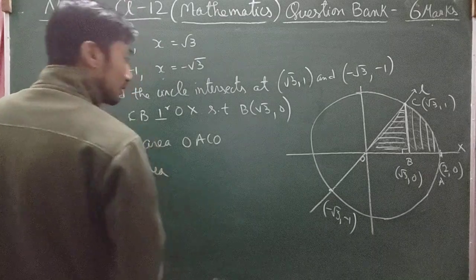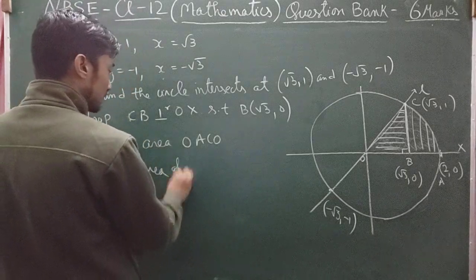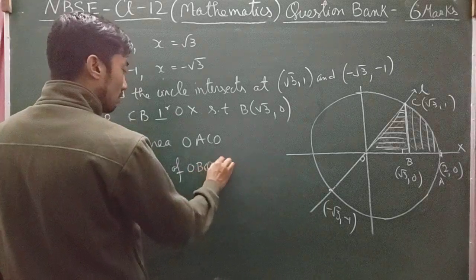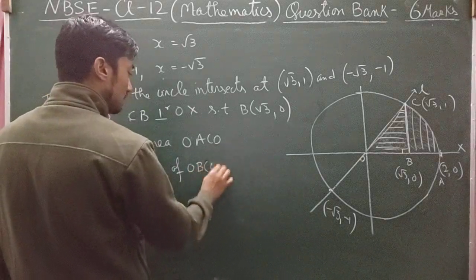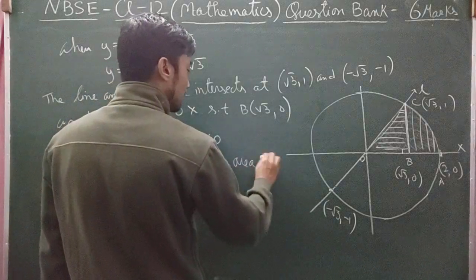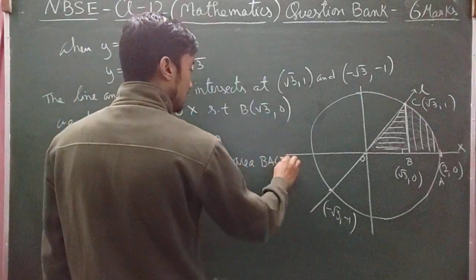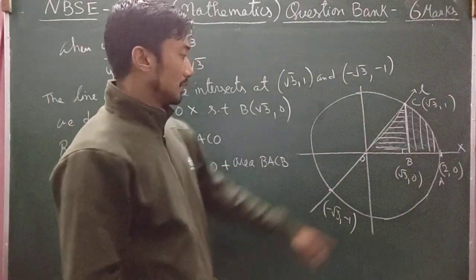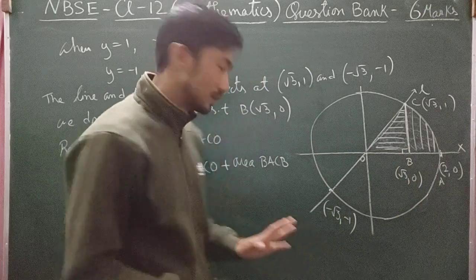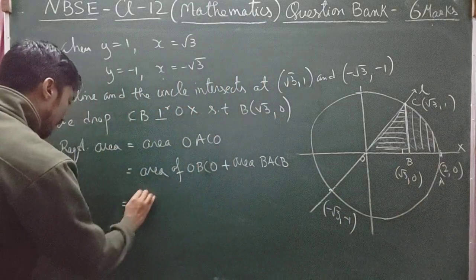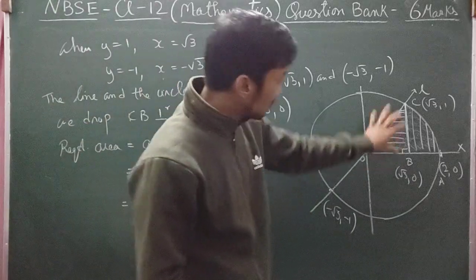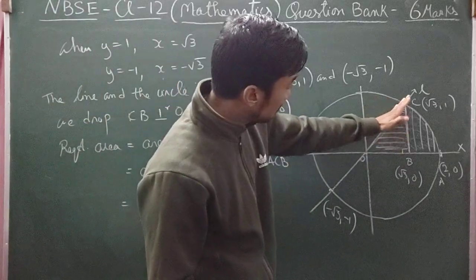Alright, so that is going to be the area of OBCO plus the area of the other region, BACB. Now this area OBCO, this triangle, is bounded by the straight line, isn't it?